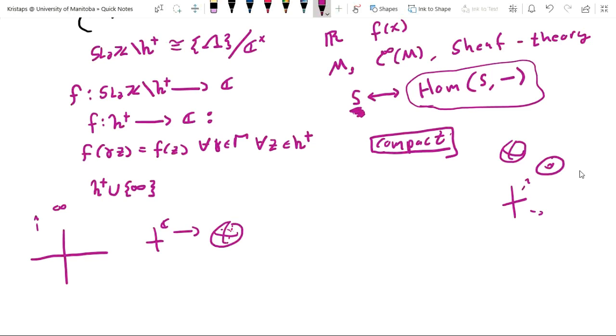Now, of course, given any matrix of SL2Z acting on the point at infinity, it'll either send it back to the point at infinity, or depending on how we choose the entries of gamma, we can actually get any rational number. So if we still want to consider this action of SL2Z, we'll also need to include all of the rational numbers.